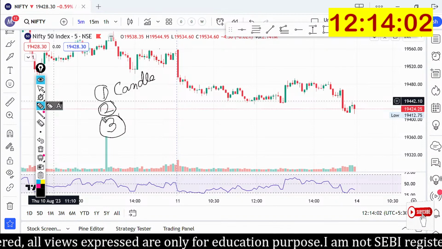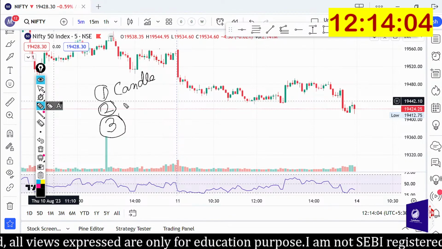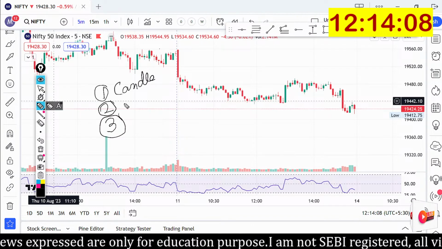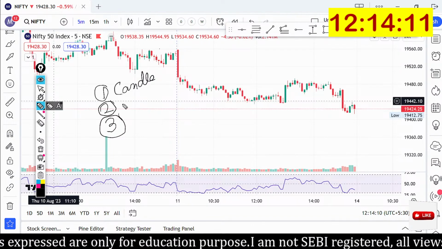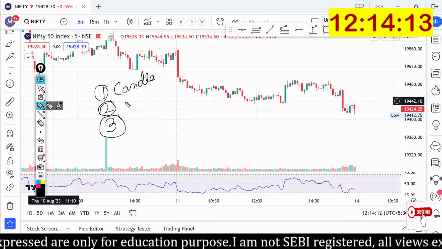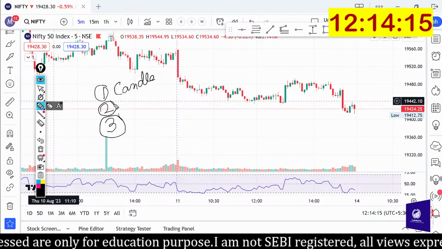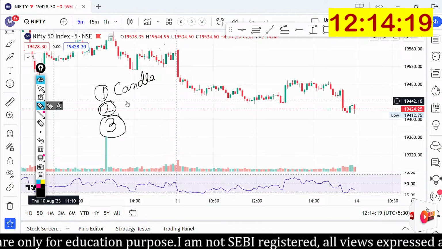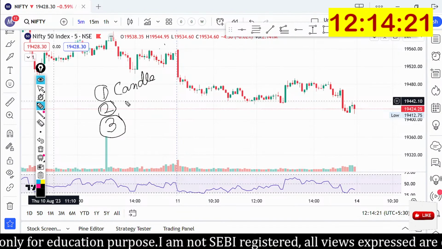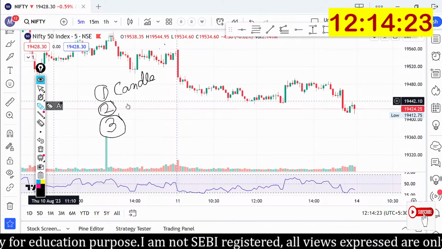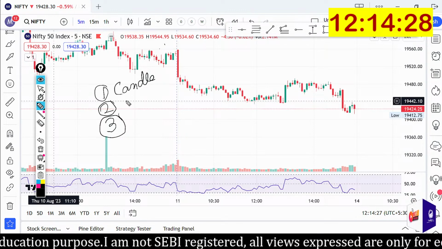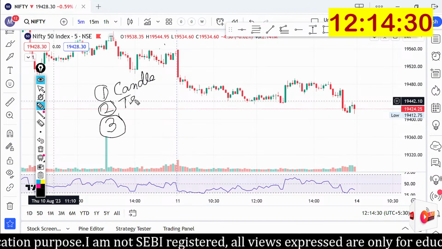So Lalit and Shanmuga, I think you have started off talking about the real price action now. Shanmuga has mentioned the candlestick patterns, and I think Lalit has mentioned the trends.